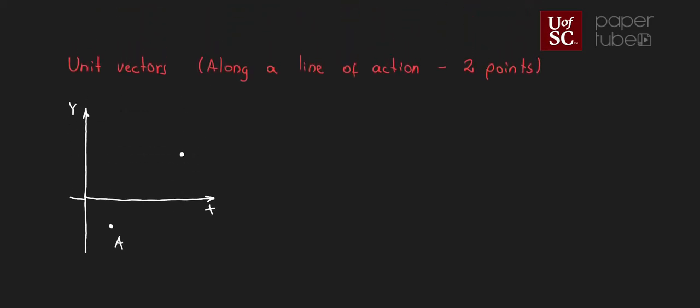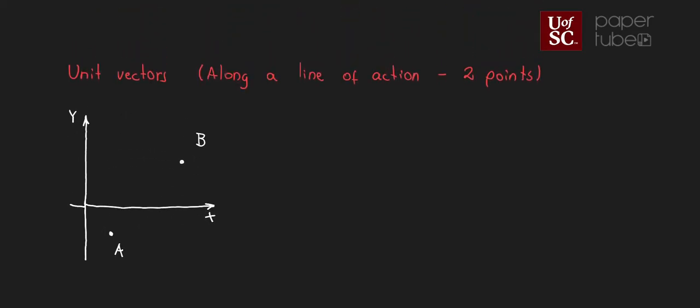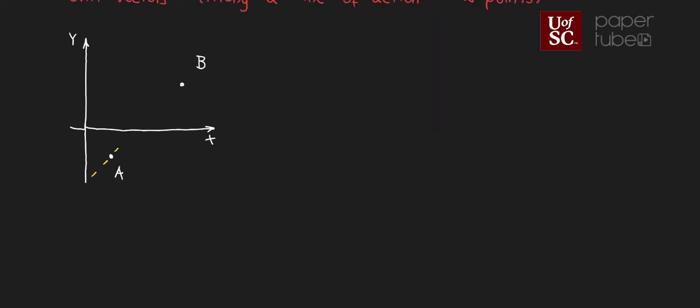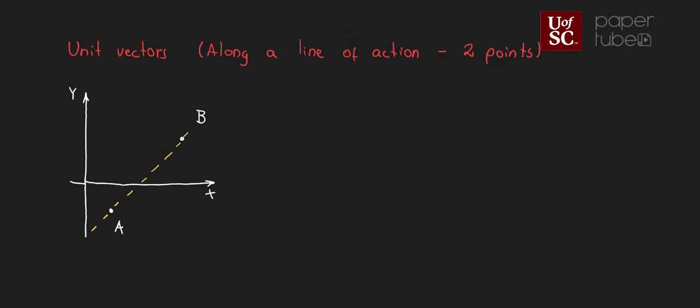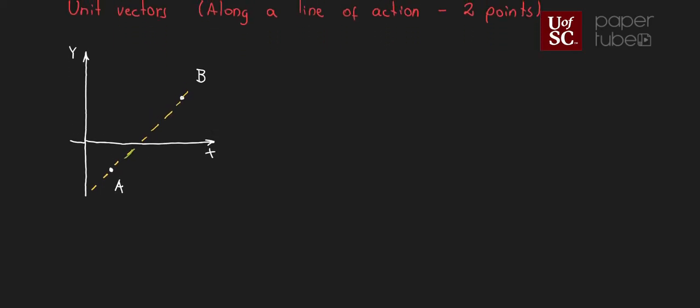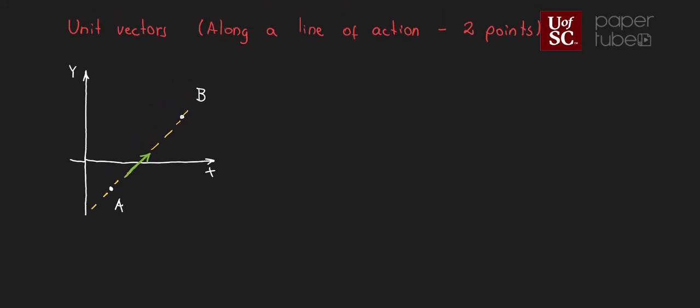My point B is somewhere in here. And I'm interested in defining a unit vector in that line of action from A to B. And the direction is also important. So from A to B, that's our interest. Unit vector in that direction. So it will be a unit vector that way.